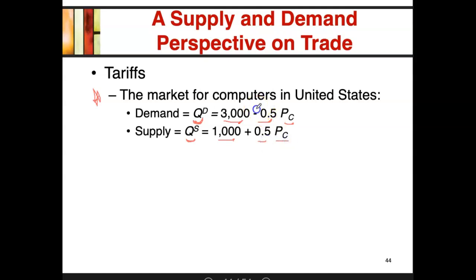The reason we have a negative sign over here is because demand is negatively sloped. And the reason we have a positive sign here is because supply is positively sloped.